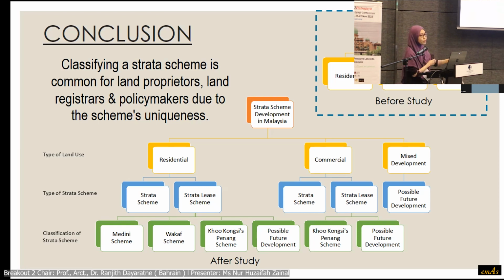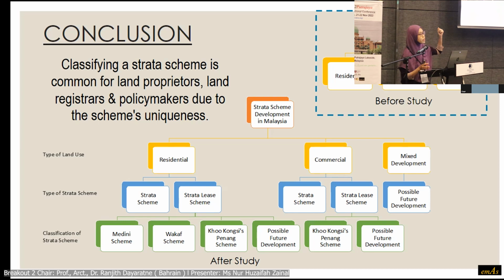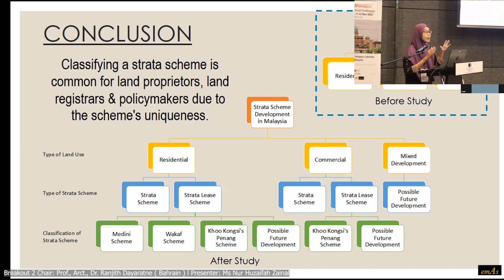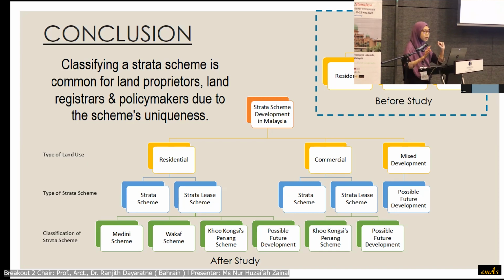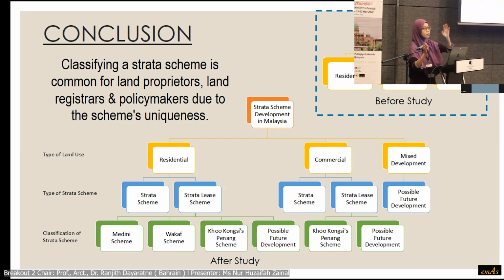This is the conclusion. Sorry. Before the study, it was assumed that for all strata development we only have 3 types: residential, commercial, and mixed development. But once we completed the study, we found that it actually expanded. There is no such thing as just residential, commercial, and mixed development. There is residential, either a strata scheme or a normal scheme, and the same for commercial development too.